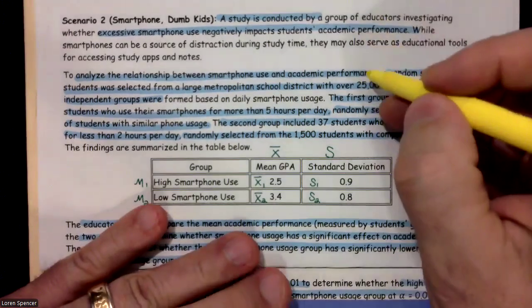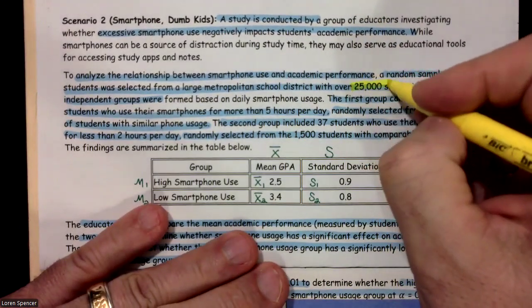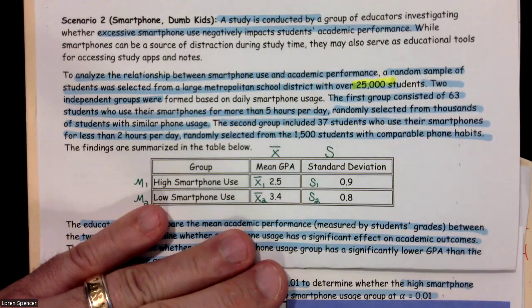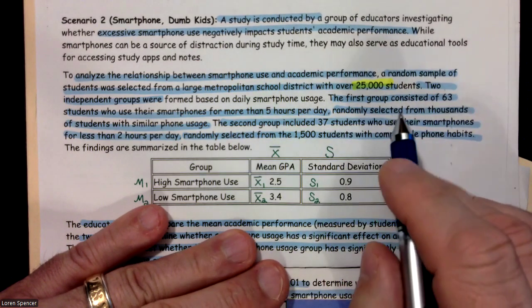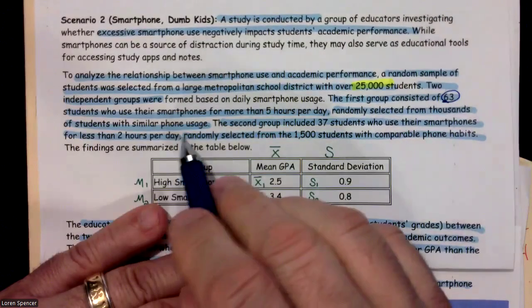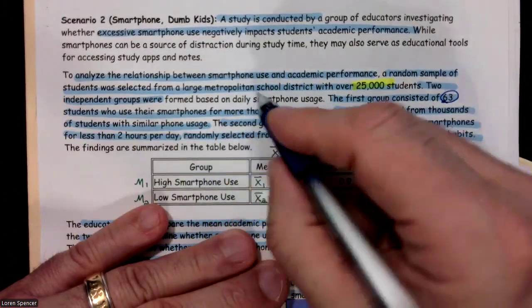All right, so we have a very large population. Two independent groups were formed based on smartphone usage. The first group consists of 63 students who use their smartphones for more than 5 hours a day.